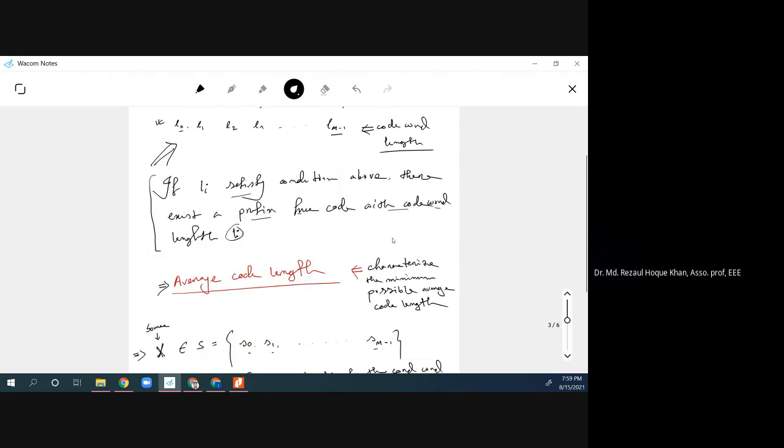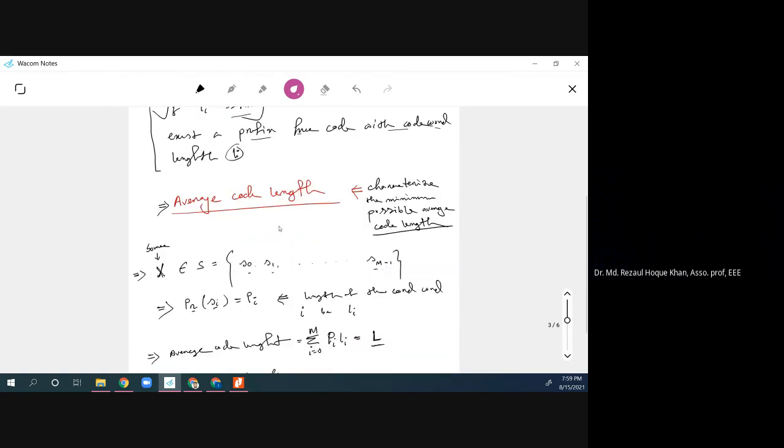Now, what should be the average code length? We need to characterize the minimum possible average code length for the source signal X, which belongs to S, which has these alphabets.